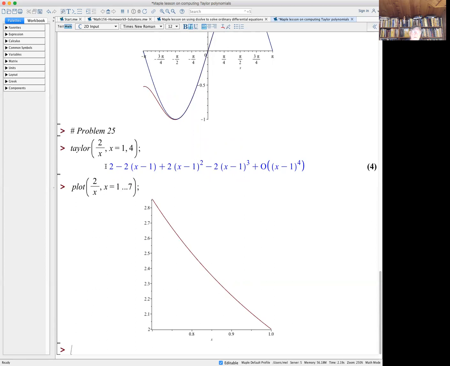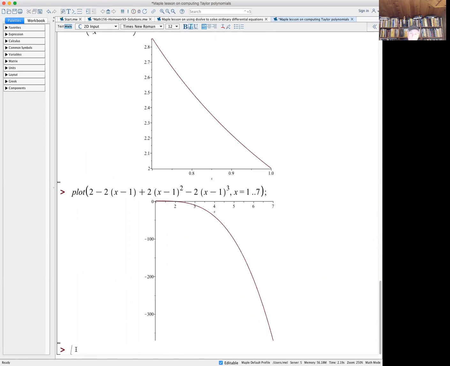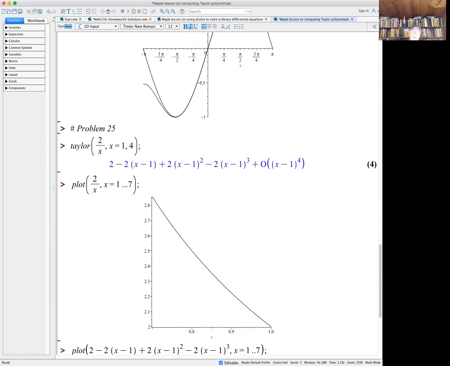What does this look like? That's weird. What's going on here? Oh.